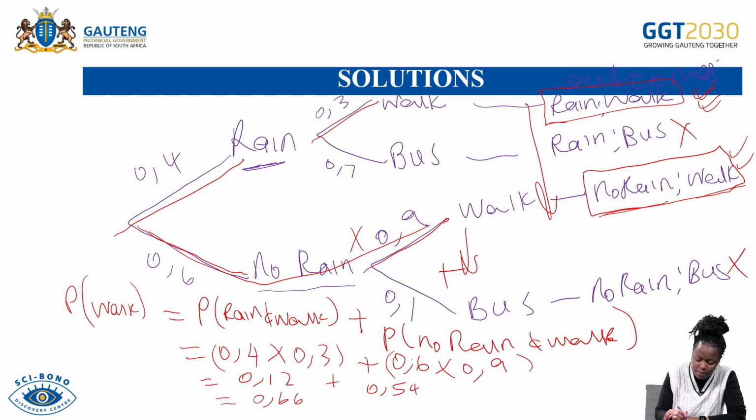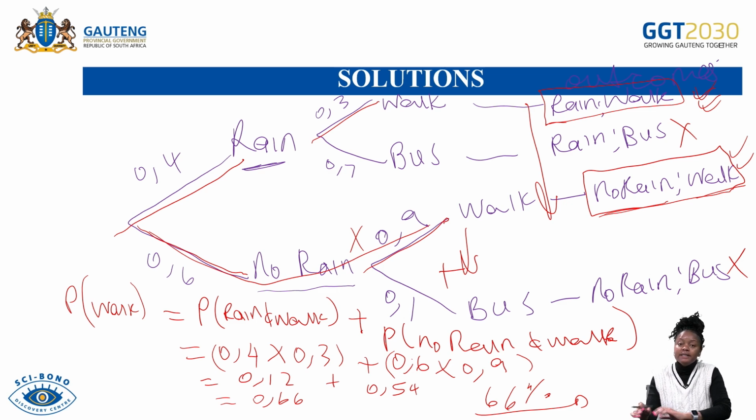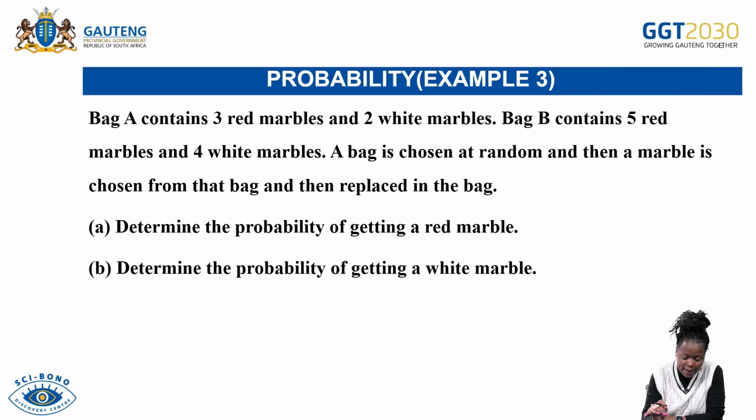This is your answer. But since we are writing everything in probability, you multiply 0.66 by 100, then it is going to give you 66%. So there's a 66% chance that Lindiwe will walk to school tomorrow. Okay? I hope you understand this example. Let me move to another one.